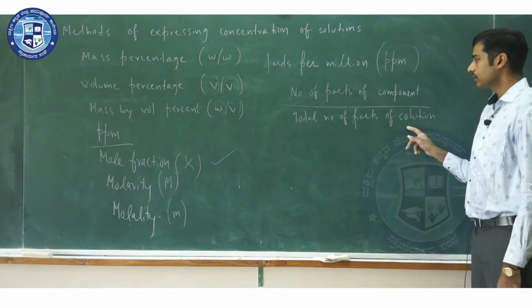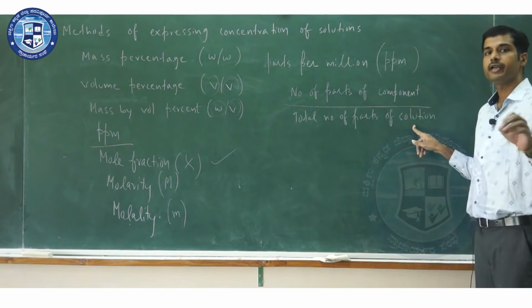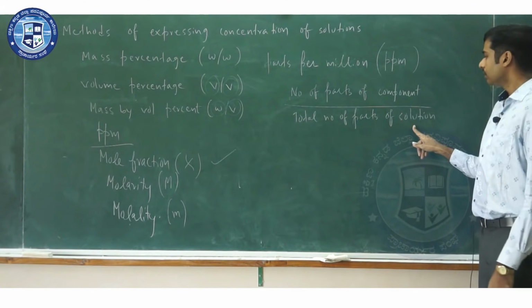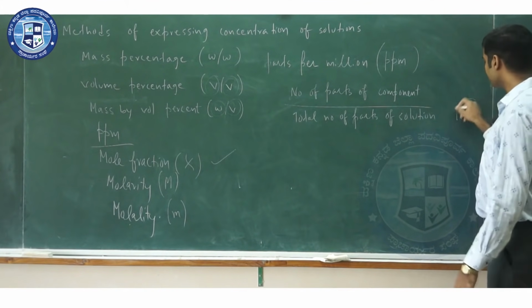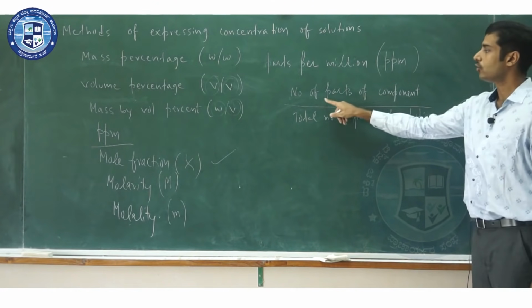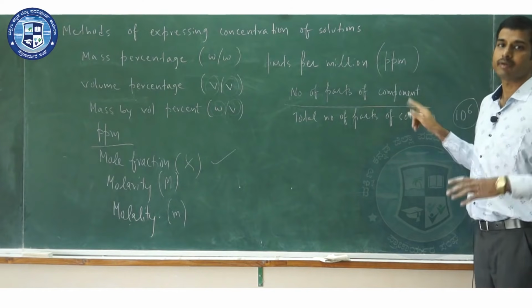So if I take a solution, I express this in terms of a million parts. It is divided into a million parts. It is 10 to the power of 6. Now out of 10 to the power of 6, which is 1 million, I find out how many parts of the component is present.